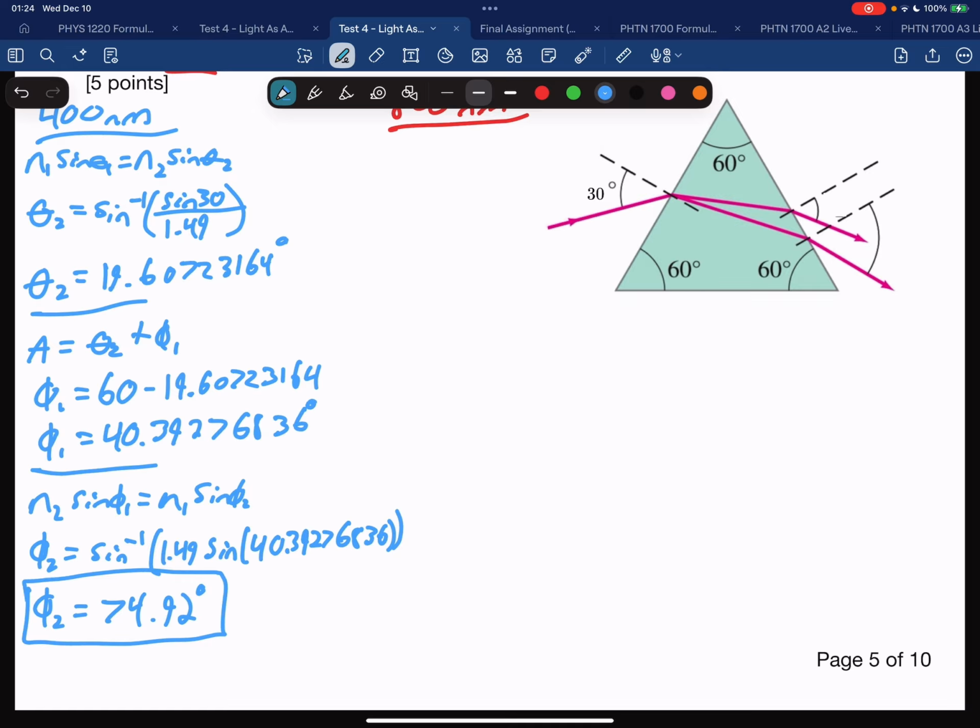So that was the first half here. Second half. It is the exact same method. However, we just have a different index of refraction that will slightly change our numbers.